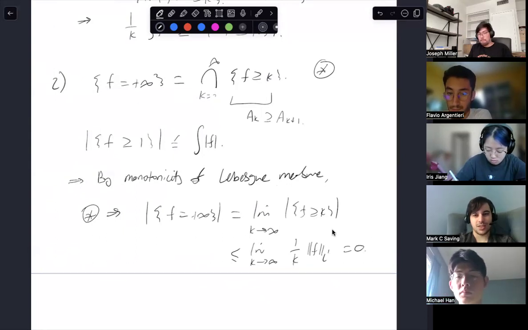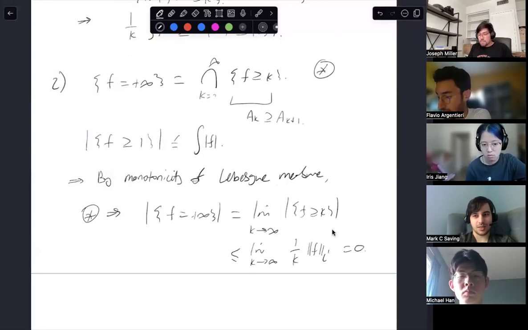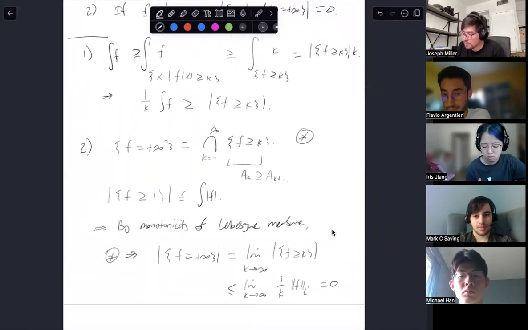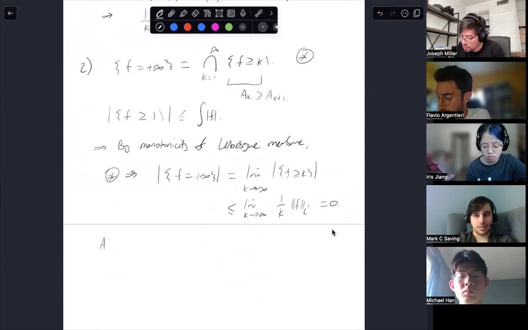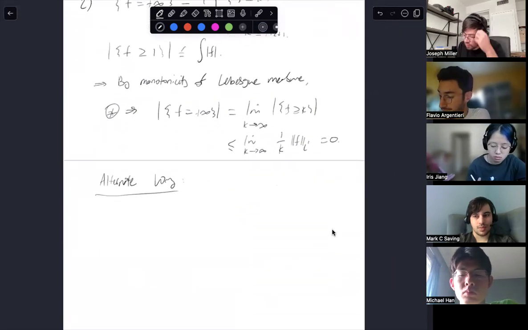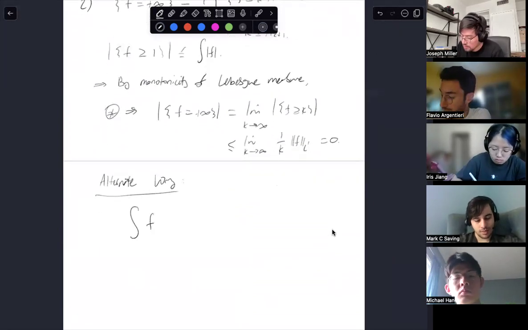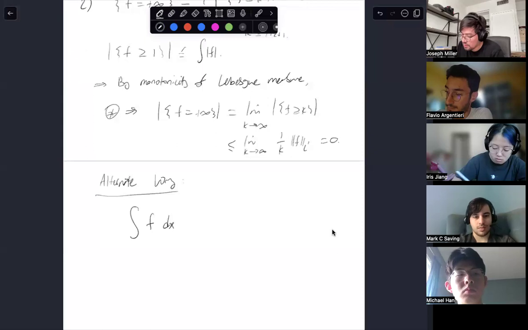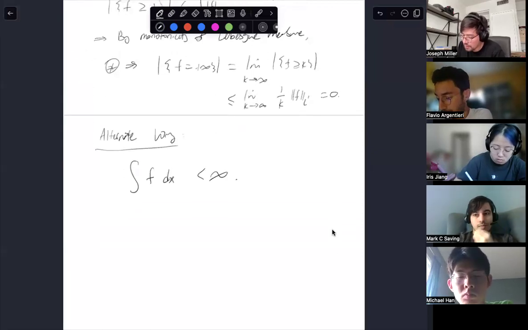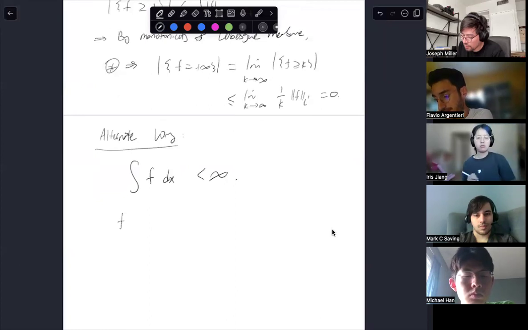And you can also just directly use the definition of integration to show this pretty quickly. Yeah. So an alternate way is the following. If I look at the integral of f dx, and I know this is less than infinity, I can do the same kind of argument.